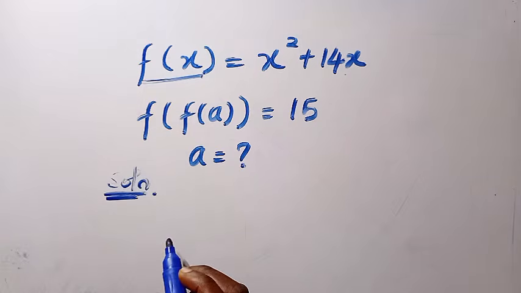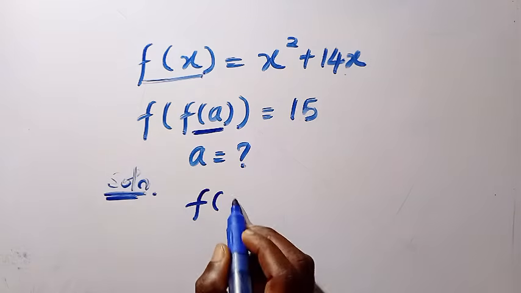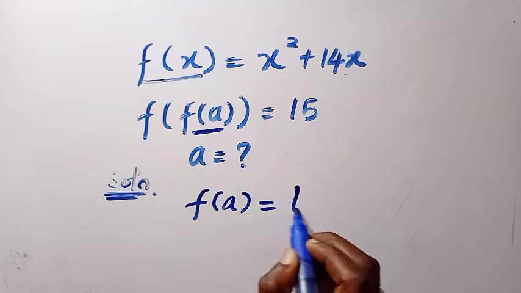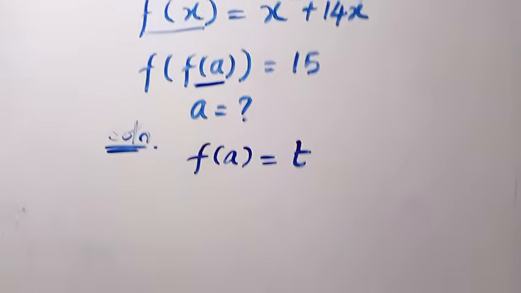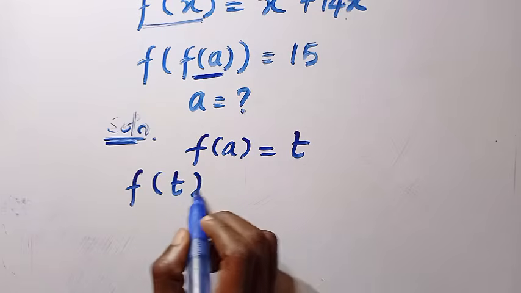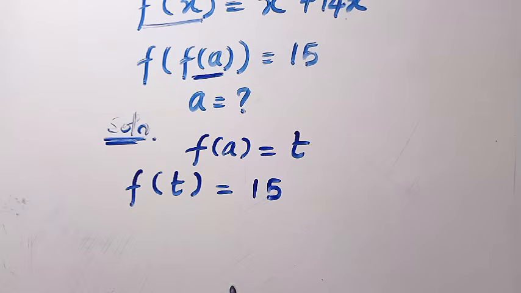So the first thing we are going to do is, suppose I let this f of a to be equals, let's say t, and therefore we have f of t, which is the second function, equals 15.